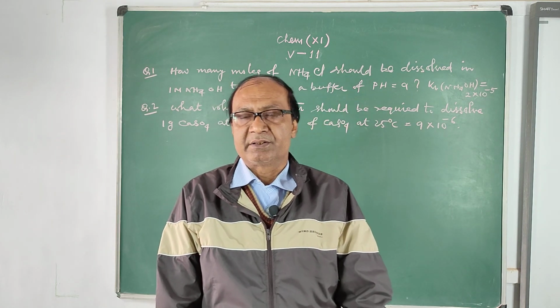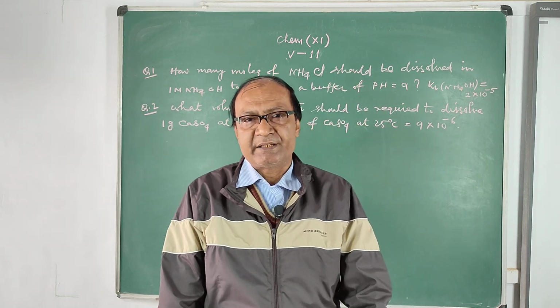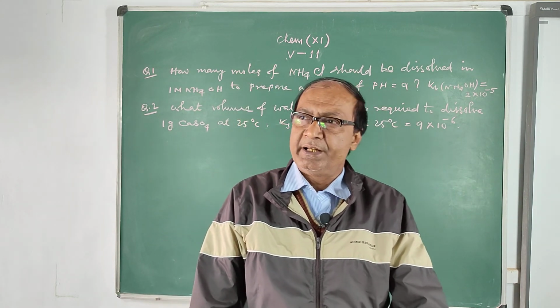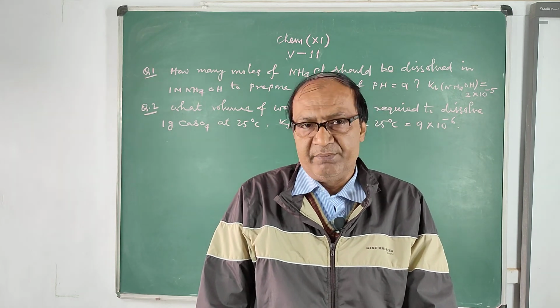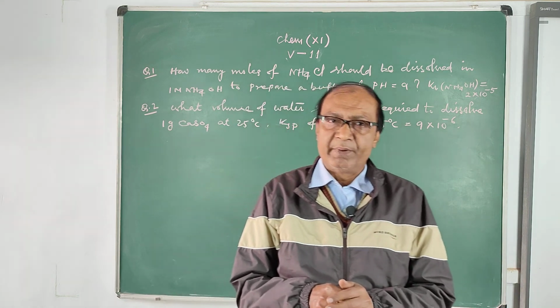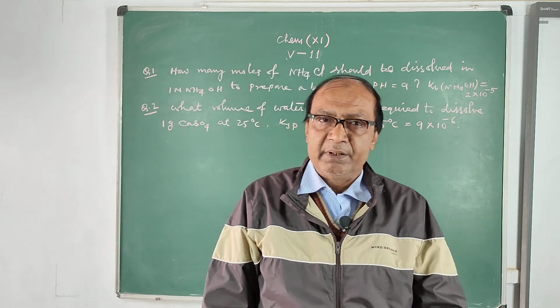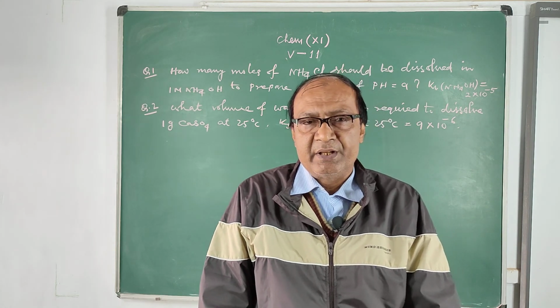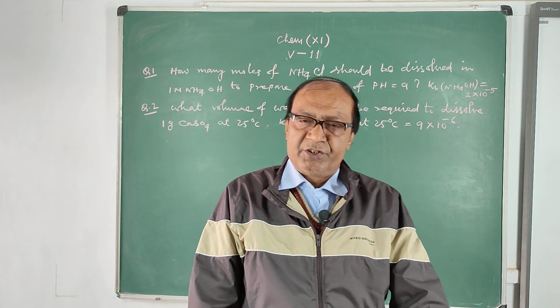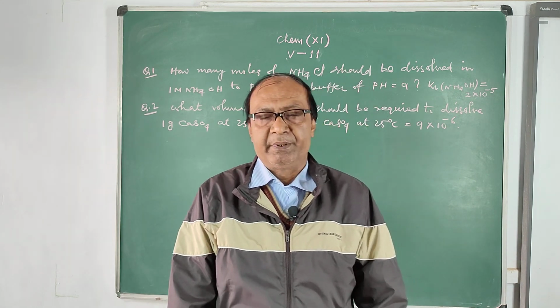That equilibrium constant is known as KSP, and the expression of KSP in terms of solubility is different for different types of solute. Solubility and KSP, the relations you have understood in the last lecture. I have derived some relations depending upon the number of constituent ions of each type.